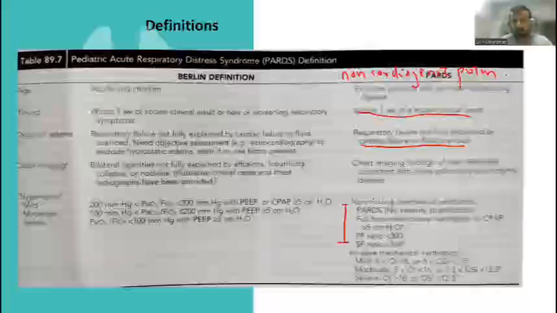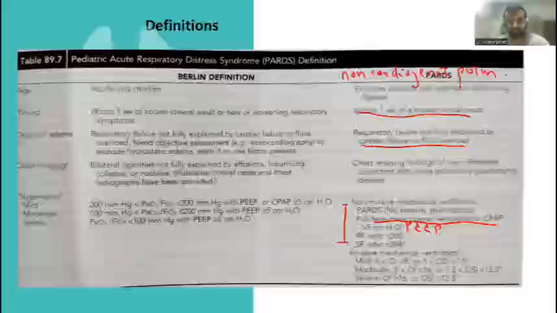So here, if the patient is on a mask or positive pressure bilevel ventilation or CPAP more than 5 centimeters of water, so the PEEP, or peak end expiratory pressure, of the CPAP is more than 5 centimeters of water, then only you can quantify the PARDS or the PARDS definition in non-invasive ventilation.